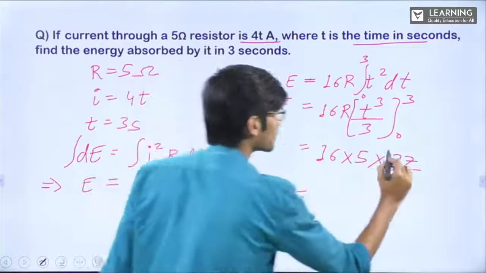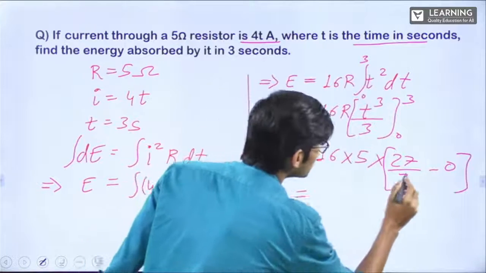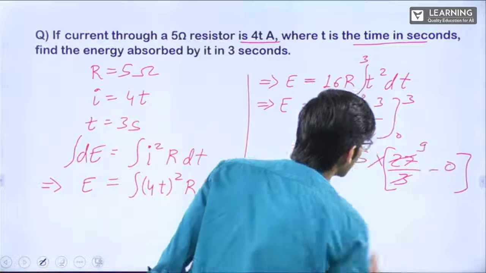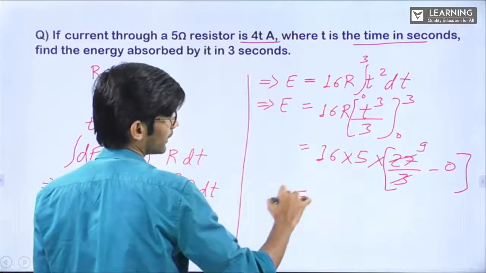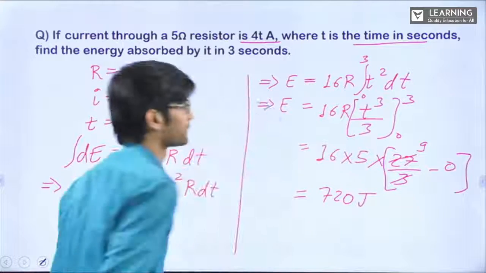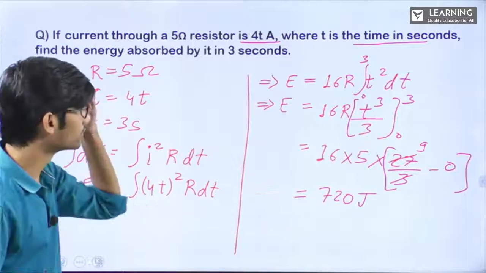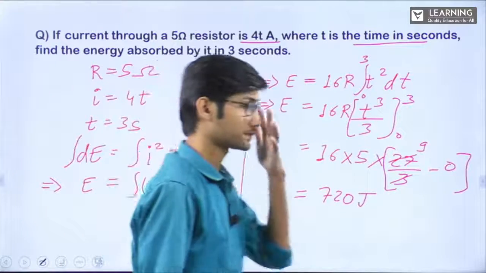I hope you understand, this will be this minus 0. So this is 16 into 5 into 27 by 3, that is 16 5s are 80, 80 9s are 720 joule is the answer. Clear? 720 joule is the answer.